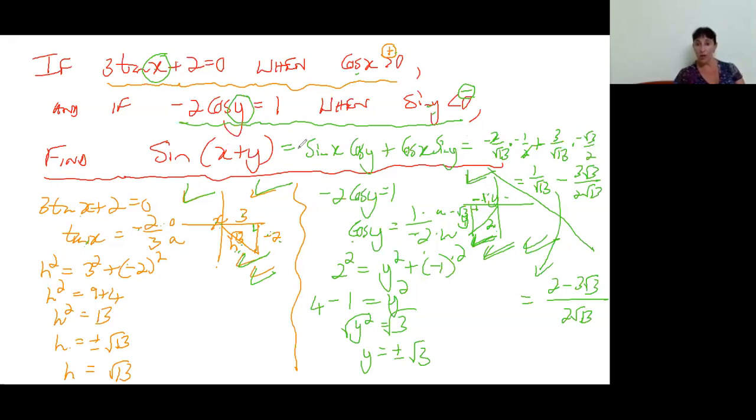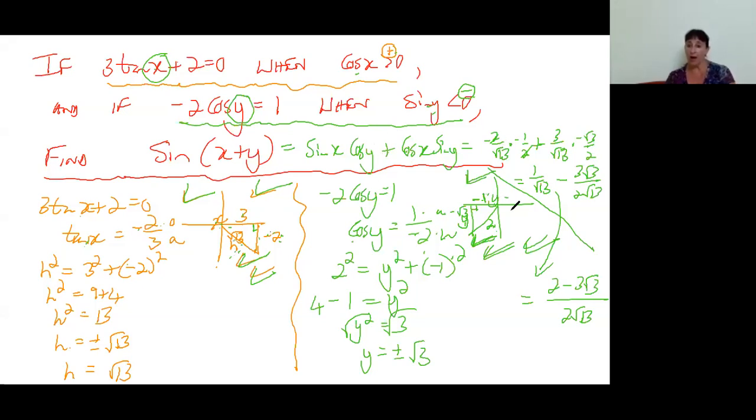And then I work out sine x and cos x in the x triangle and cos y and sine y in the y triangle. And all I do is substitute them in and simplify. So sine of x is opposite over hypotenuse, -2 over √13.